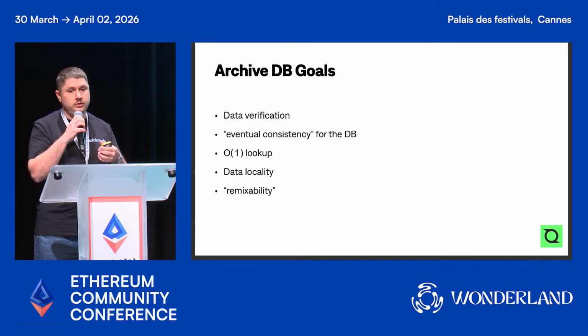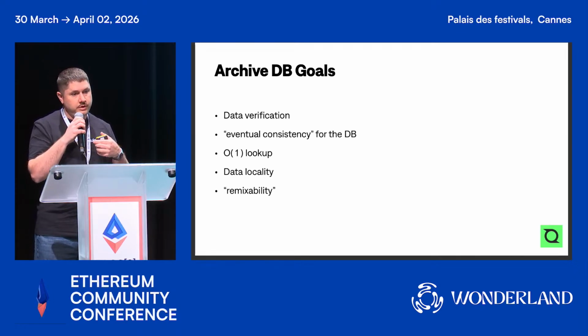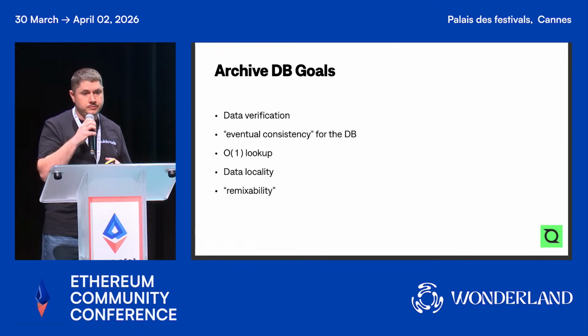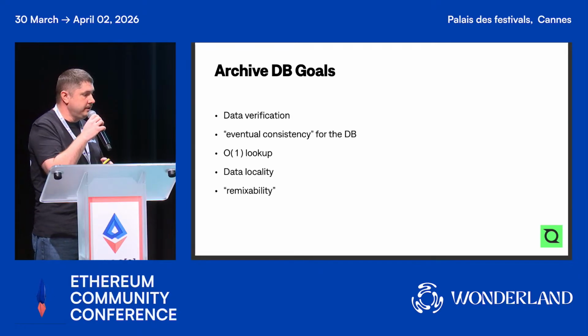In order to get a long-term archive solution, you really want good data verification for all of your old data. You can't do that just assuming that everything was good in the past. You have to be able to say, okay, this file has this hash, this file has this hash, what should it be? So you need good data verification for archive.